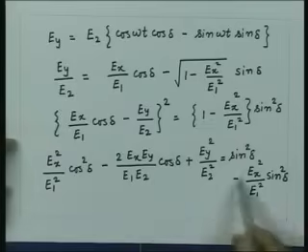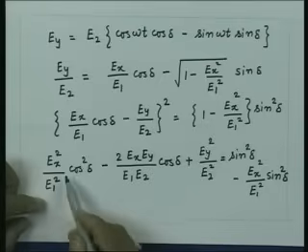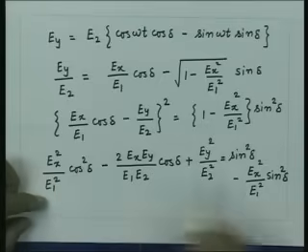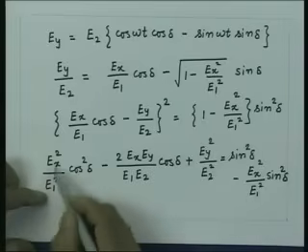Now, I can bring this term on this side, and that will give me Ex square upon E1 square into cosine square delta plus sine square delta, that will be equal to 1. So, if I bring this term on this side and add with this, I will get only Ex square upon E1 square.